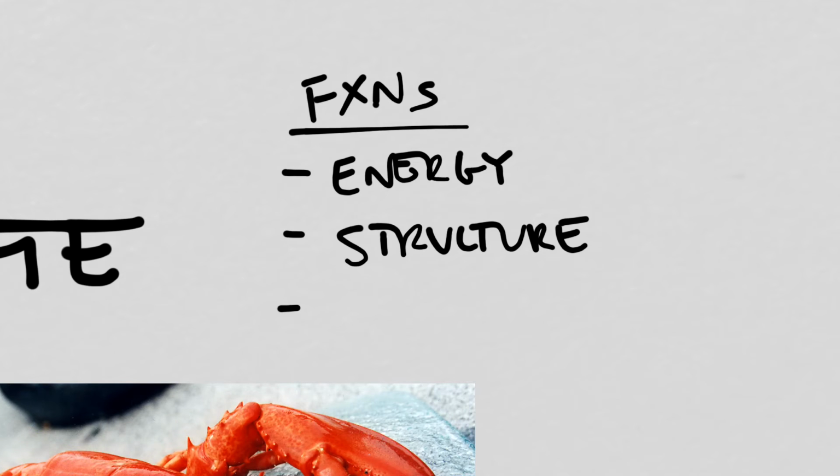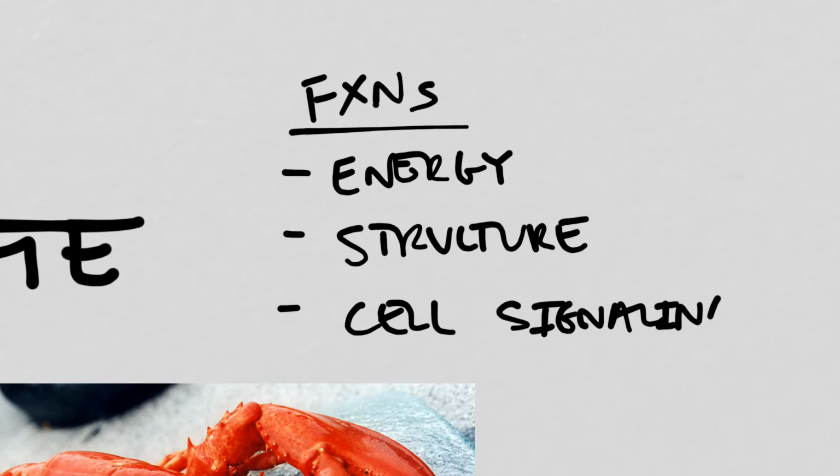And the last function of carbohydrates is cell signaling. So there will be branched chains of carbohydrates embedded on or within a cell membrane that serve as a molecular flag of sorts. For example, red blood cells. Have you ever heard of being Rh positive or negative?